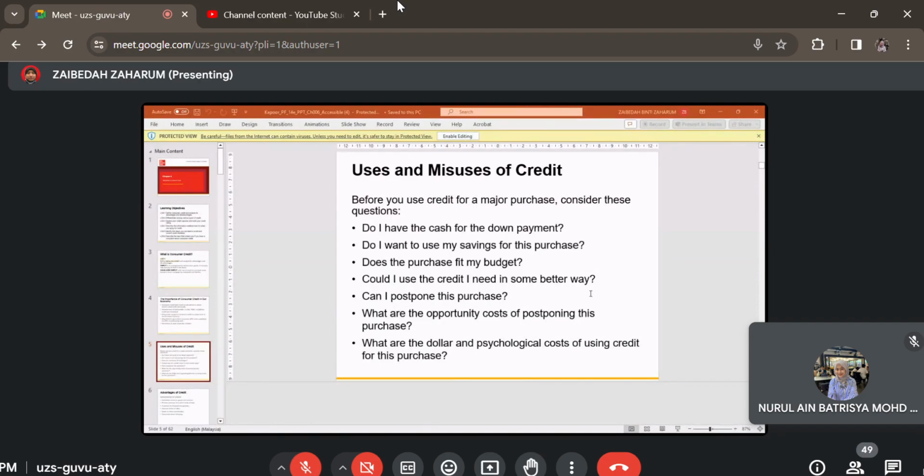Okay, encourage, okay, the individual to consider not only the monetary cost, okay, such as interest payments, fees, okay, tapi dari segi psikologi lah, impact of taking on debt and apa tekanan yang kita hadapi lah, okay, particularly, okay, if their financial circumstances change unexpectedly, okay. So sebelum kita decide untuk use credit, okay, we have to ask ourselves lah, okay, all these questions tadi tu, okay.